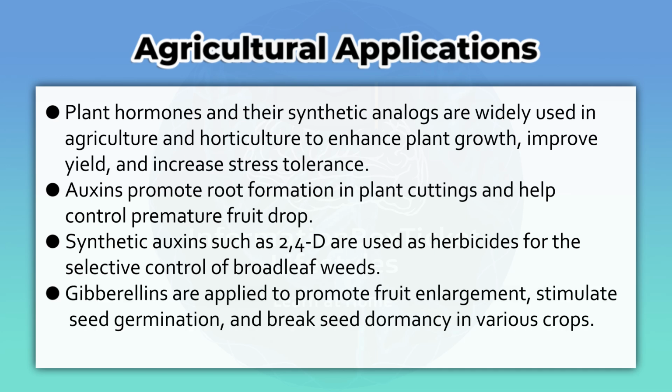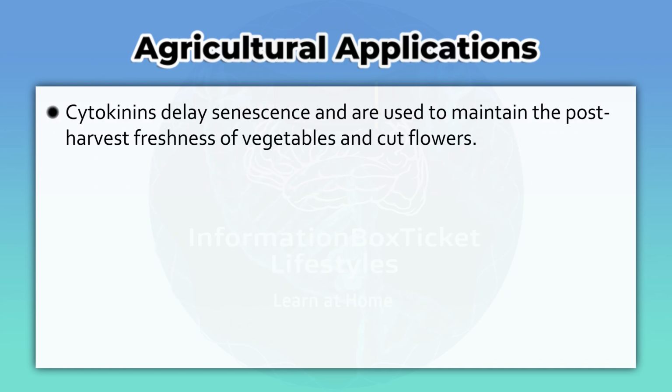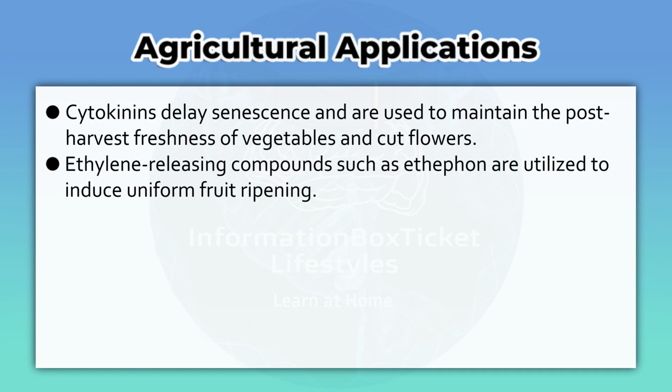Gibberellins are applied to promote fruit enlargement, stimulate seed germination, and break seed dormancy in various crops. Cytokinins delay senescence and are used to maintain the post-harvest freshness of vegetables and cut flowers. Ethylene-releasing compounds such as ethephon are utilized to induce uniform fruit ripening.